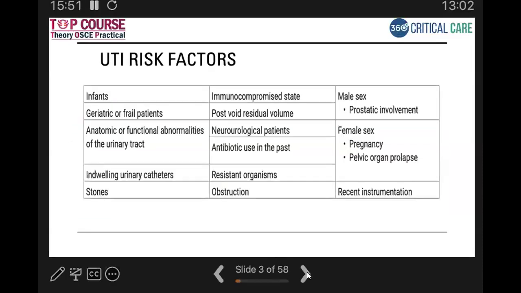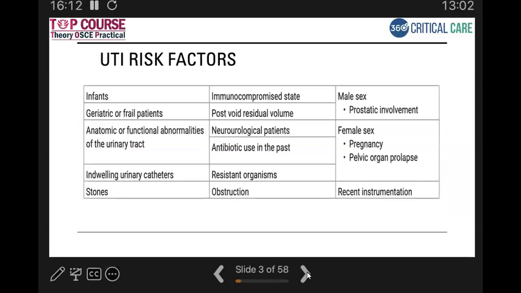What are the risk factors for UTI? Infants, because they tend to have anomalous urinary tracts or not fully grown urinary tracts, skin related infections, and geriatric and frail patients. Anatomic or functional abnormalities of the urinary tract can lead to recurrent UTIs.